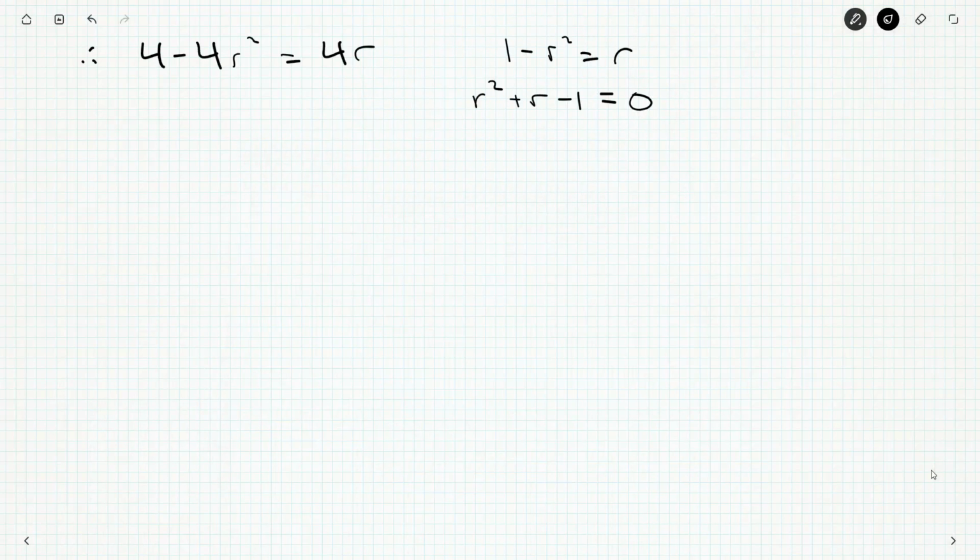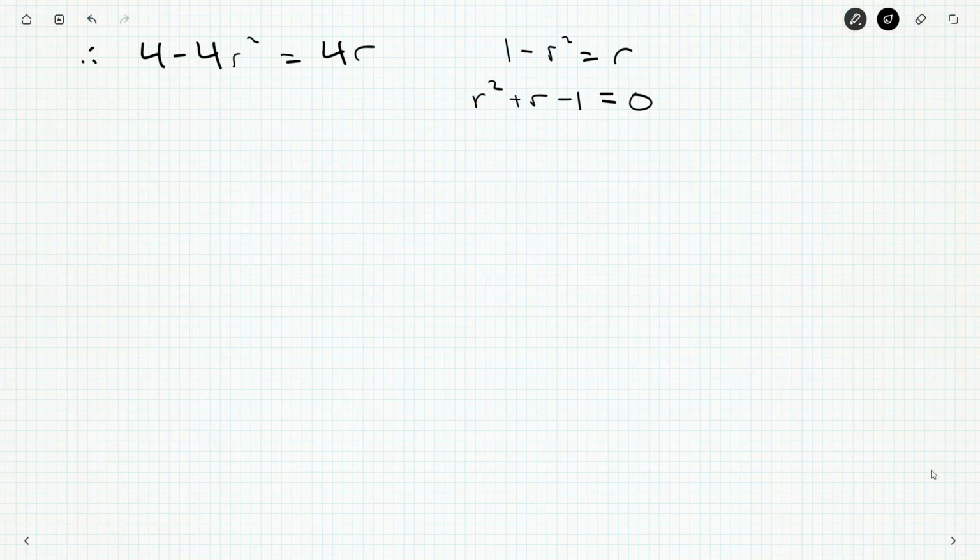Alright, so we've got 4 minus 4r squared is equal to 4r. Well, let's get rid of the 4, so 1 minus r squared is equal to r. I can rearrange this. r squared plus r minus 1 is equal to 0.